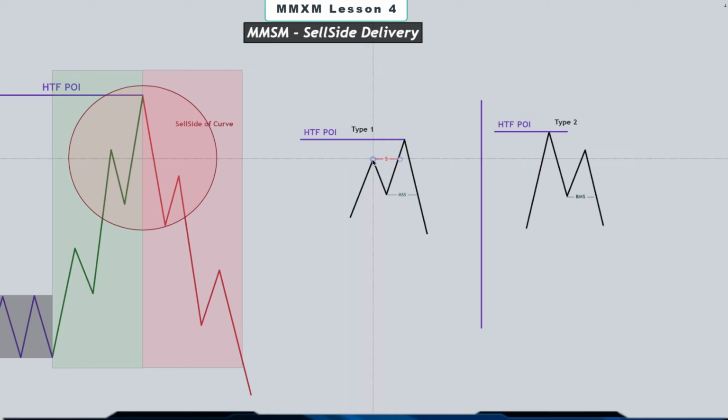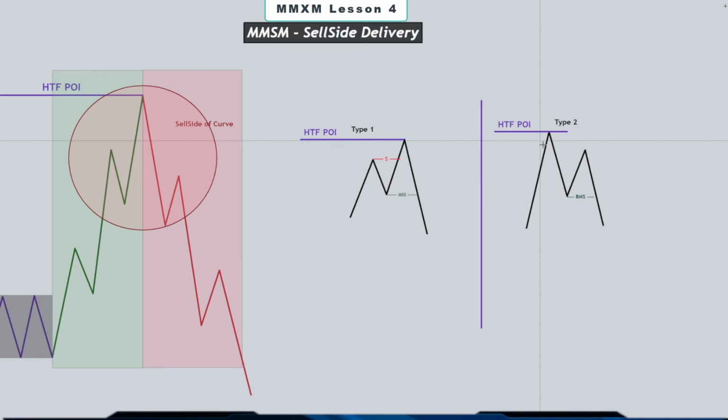This high, low, higher high, and then the delivery on the sell side that causes the break in market structure or market structure shift, that is type 1, the high probability and highly recommended one.